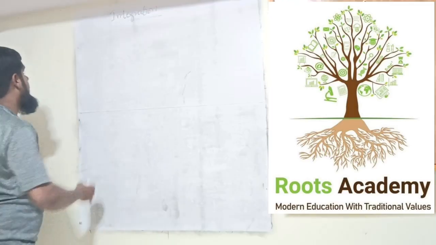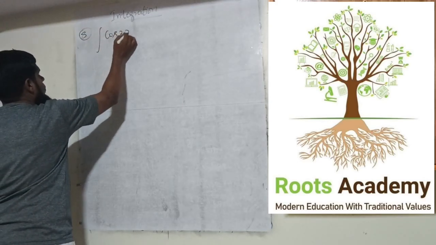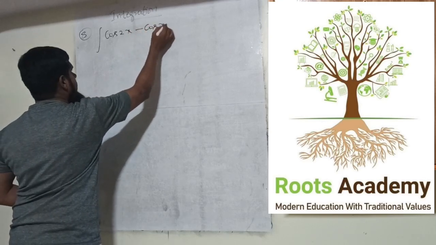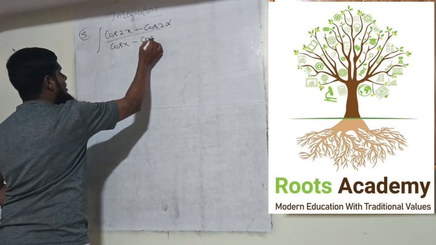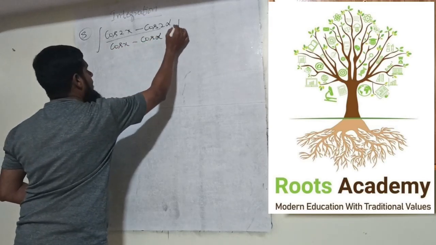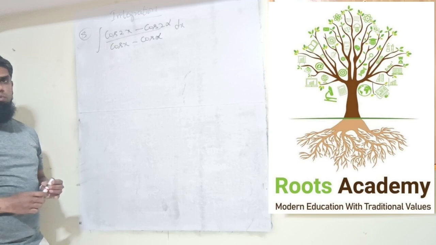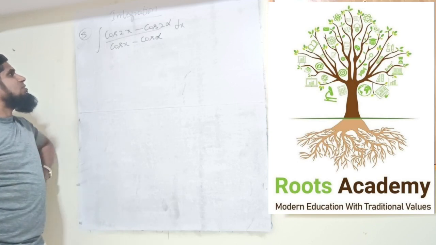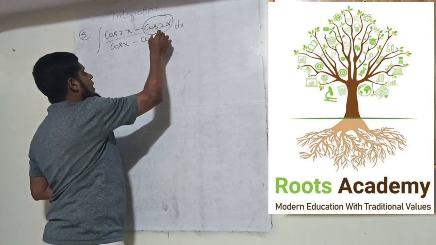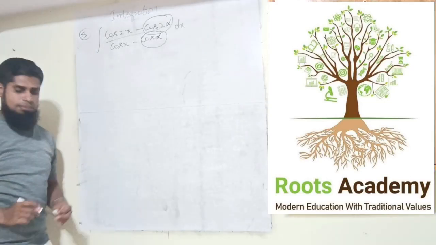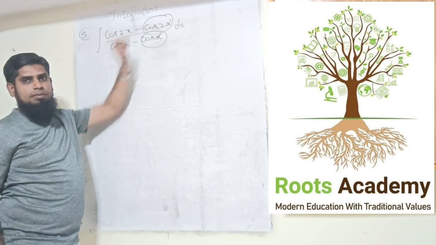Take the next problem, student. It is integral of cos 2x minus cos 2 alpha divided by cos x minus cos alpha into dx. Now, student, this cos 2 alpha and this cos alpha are constant terms here. But we can apply any formula for this.